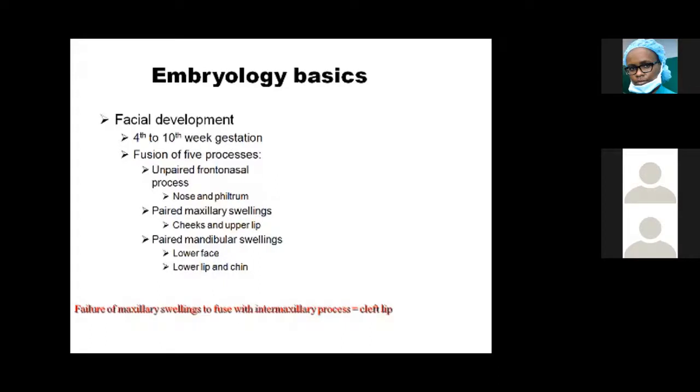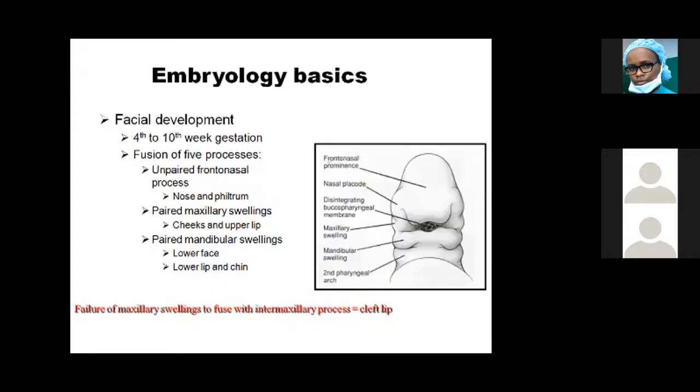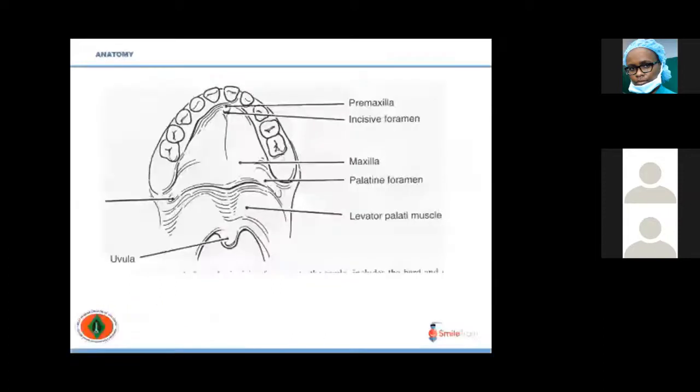See how all the processes come together to form the face. But any interruption along the line of their fusion, whether in the midline or by the side, can lead to a cleft of the lip, palate, or the alveolar bone. The primary alveolus is anterior to the incisive canal, as can be shown here. The same thing applies with the alveolar cleft.